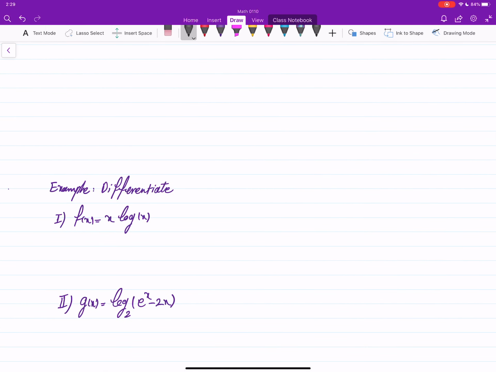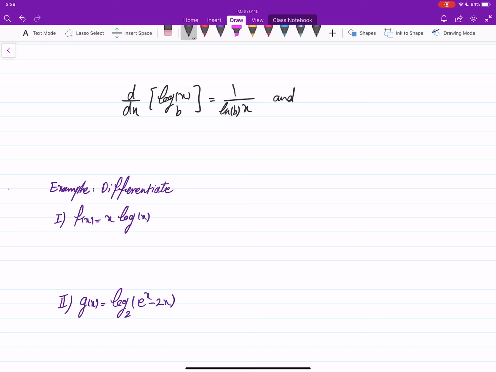So the derivative of log of x base b is not anymore just 1 over x. It will be 1 over ln of b times x.